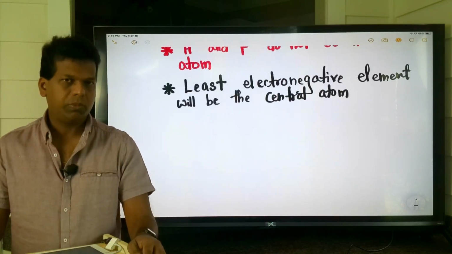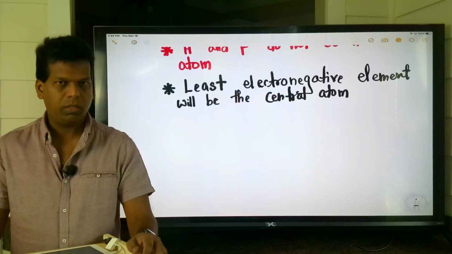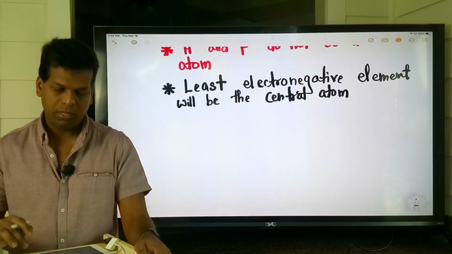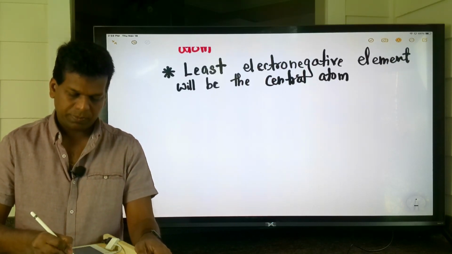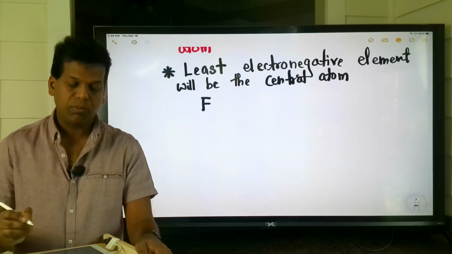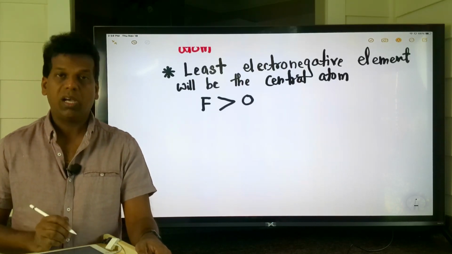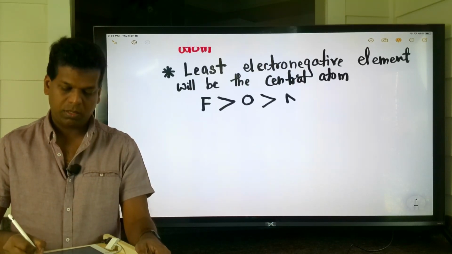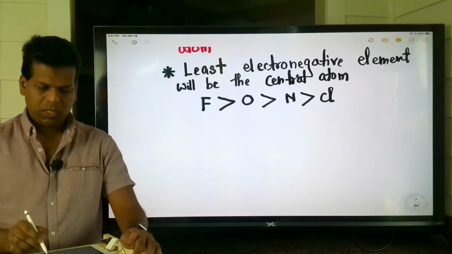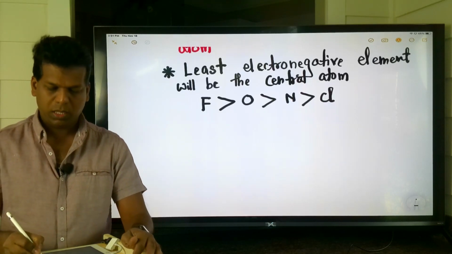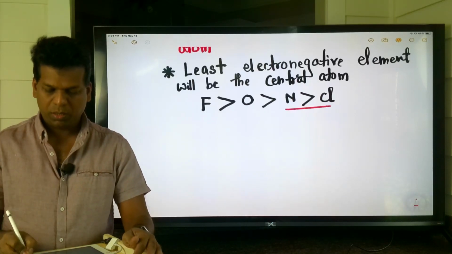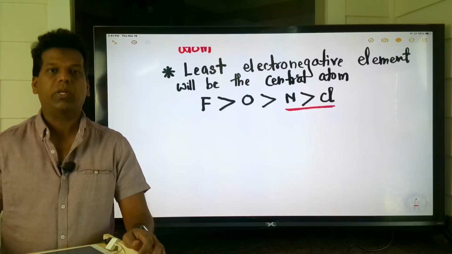Likewise, there are a couple of elements you need to know in the back of your head. Okay? So if you see fluorine, that is the most electronegative element. Let me write it in this way. Then oxygen, then nitrogen and chlorine. These last two, nitrogen and chlorine, have very close electronegativity.